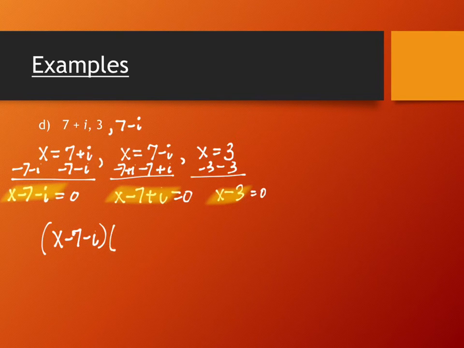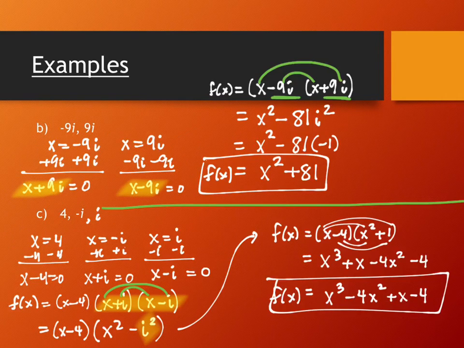So x minus 7 minus i, x minus 7 plus i, and x minus 3. It is still far better to multiply out the ones that have 3 terms by 3 terms because the imaginary units will simplify. So I'm still going to multiply these 2 together. I'm not going to try and cancel things as I go, though. Like over here, when I noticed the inside and the outside canceled, I didn't write them down.